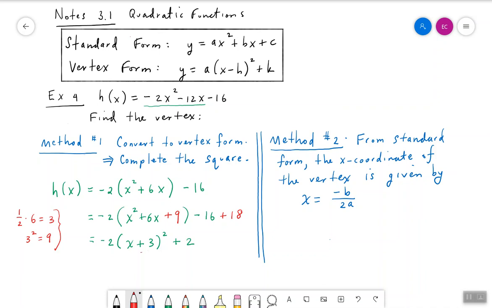We can look at this x coordinate. The plus 3 represents the x coordinate, except we have to change the sign, so minus 3. And then the plus 2 represents the y coordinate, and remember on that one we don't change the sign, so we just have negative 3 comma 2, and we can box that up.